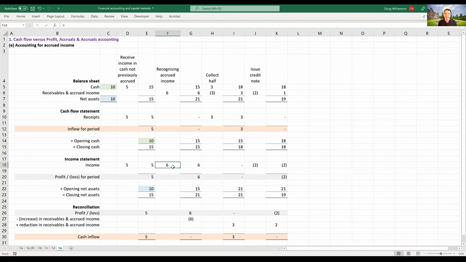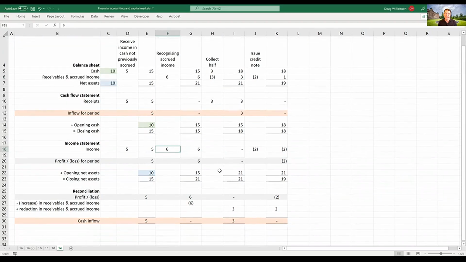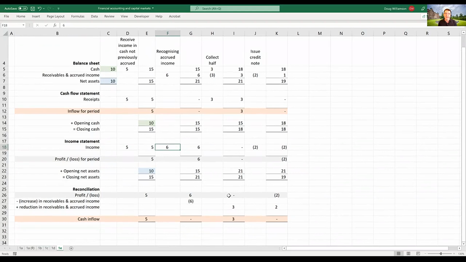This income item has already been recognized. So our profit for this period is none. However, we've got a collection of 3, and that's reflected in the reduction here. So this reduced, and we've collected 3. Therefore, we've got a cash inflow of 3 despite no profit.